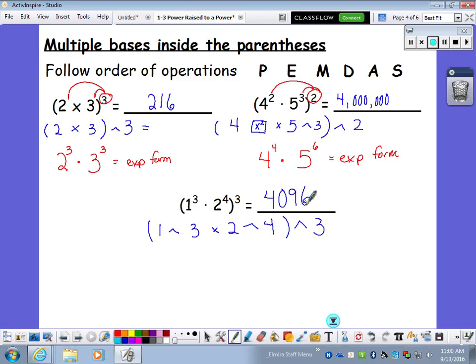If we were doing exponential form, my bases are 1 and 2. The outside exponent of 3 multiplies this 3. And 3 times 3 is 9, and 3 times 4 is 12. So that would be my exponential form.